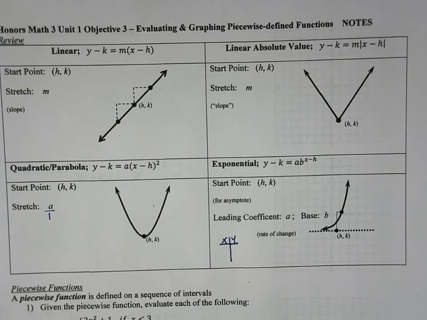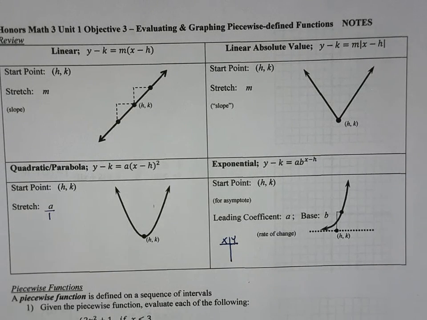And so as a quick reminder, the reason we want to make sure that we have these 4 functions in our head is because piecewise functions are made up of pieces of these other functions. A piecewise function is a little bit like a rag doll, where you take a bit of this fabric and a bit of that fabric and a little bit of this other fabric, and you stitch it all together, and so you get this doll that is made up of different pieces of different fabrics.